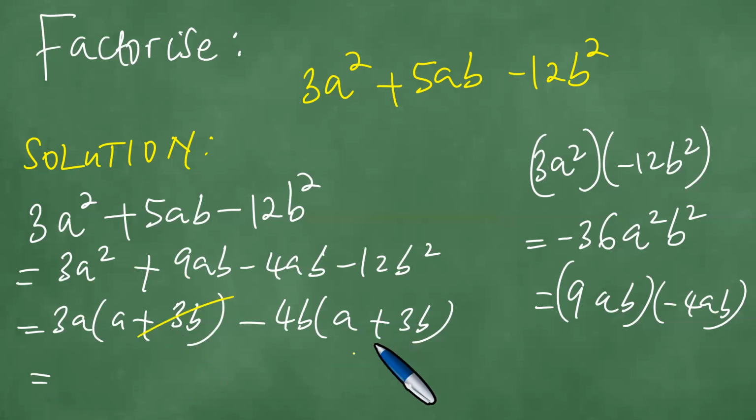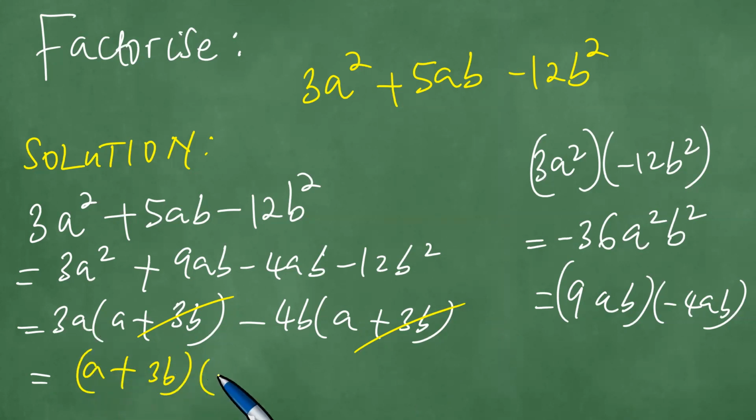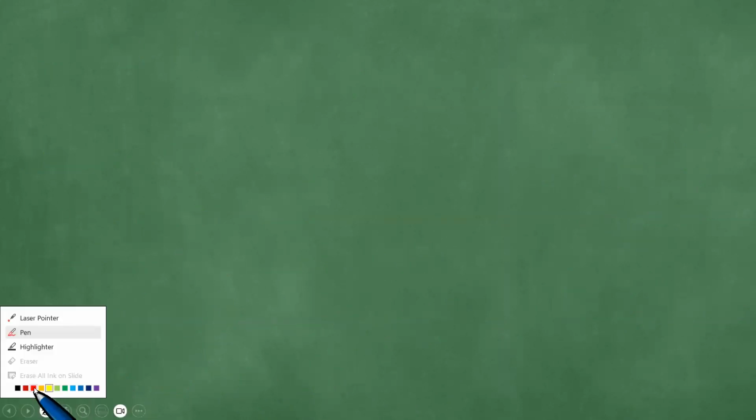So you cross out this one. The a plus 3b is factored out, and you're left with 3a minus 4b. You still here, Leander, right? Yes. All right.